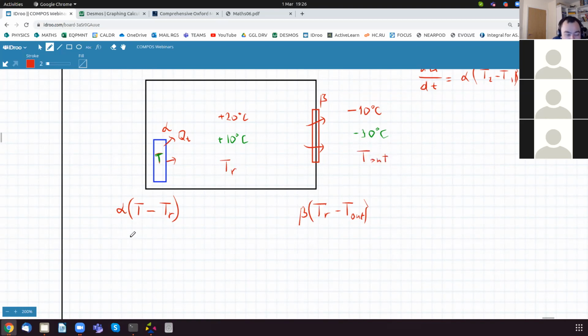And because the amount of heat per second you receive from the radiator has to be the same as the amount of heat that you lose through the window, we can write that alpha multiplied by T minus the temperature of the room, which is 20, has to be equal to beta multiplied by the temperature of the room, 20, minus the temperature outside, minus 10.